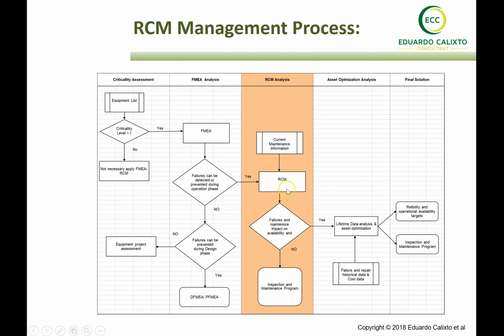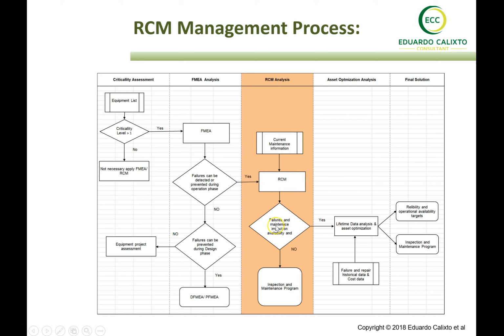The RCM also gets input from current maintenance information, and basically that is the information that comes from the manager, from the vendors, and also the current procedures and the knowledge that the maintenance specialists have. They bring everything to the RCM workshop, and then during the RCM workshop we will define the maintenance activities.